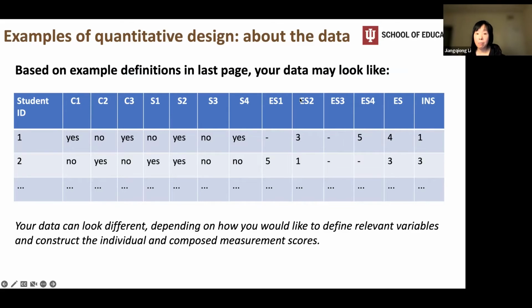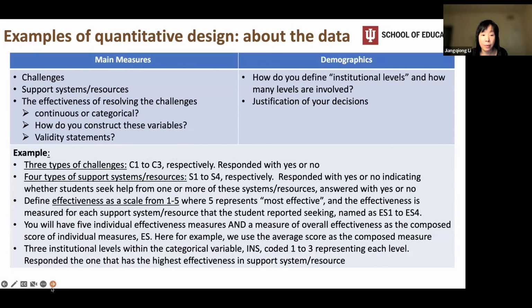So your data probably ends up looking like this, but your data can look different depending on how you define the relevant variables and the relevant scales. There are so many different decisions you can make depending on what we talk about here, right?